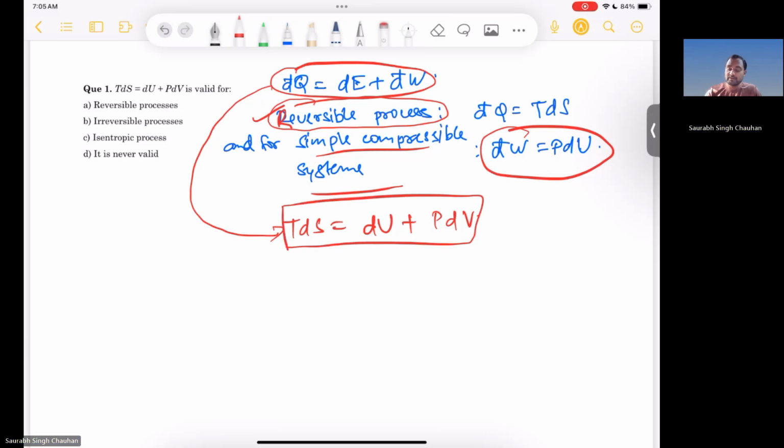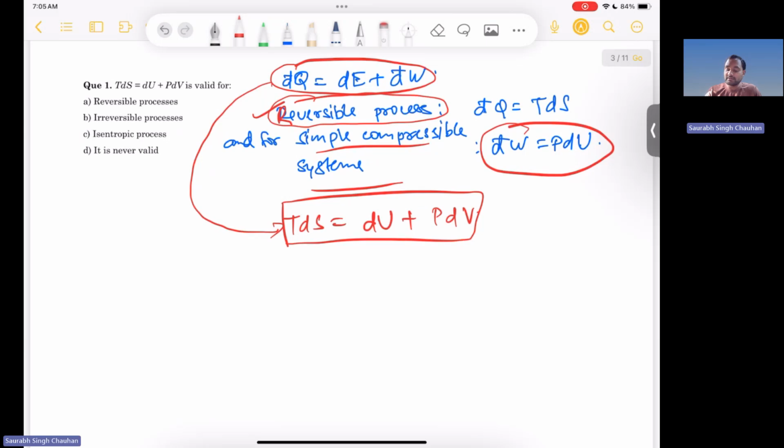Okay. So you may think that this final equation can be valid only if the system is reversible and simple compressible, and all these assumptions are there. Then only this equation will be valid, but it is not like that. Why? Because all the quantities involved in this equation are point functions. Okay, they are properties.